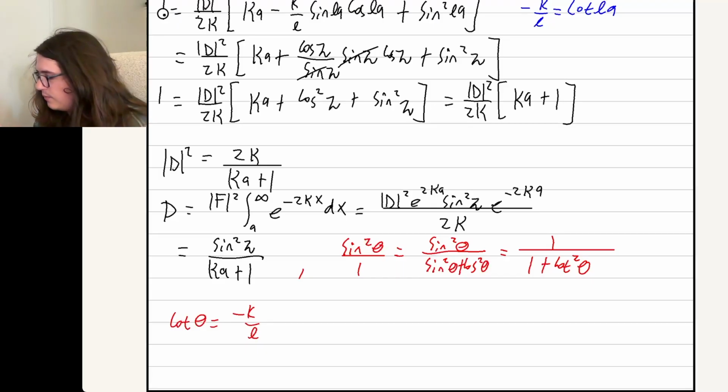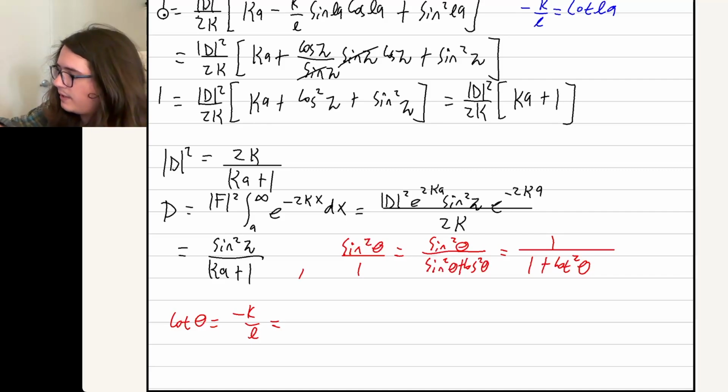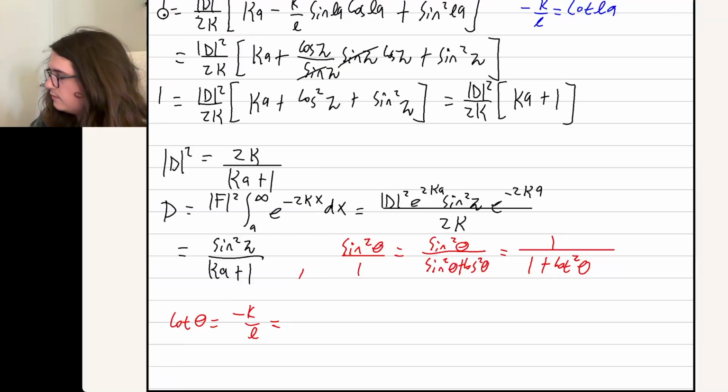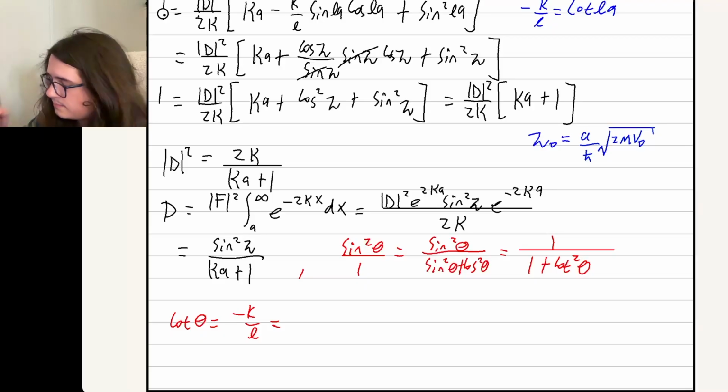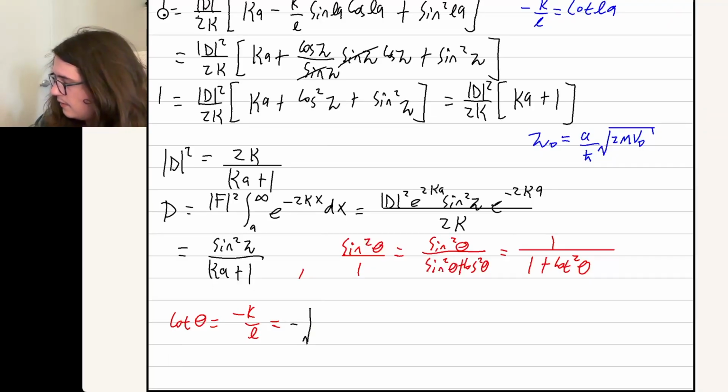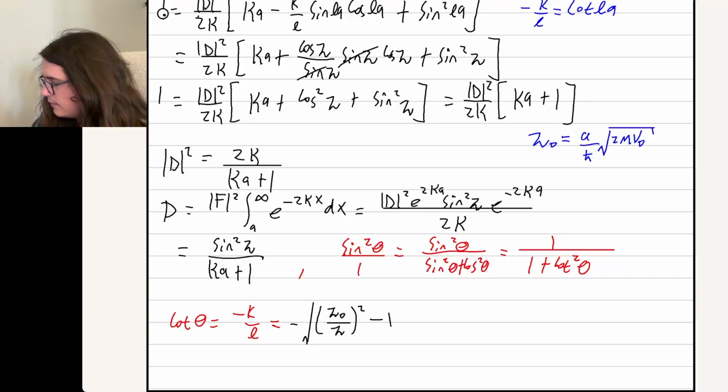And then there was a fancier way to write this, again going back into Griffiths a little bit, but you can define another variable, z naught, which was just a over h bar square root 2m v naught. And again, z was just la, so this turns into, down here, minus the square root of z naught over z squared minus 1.